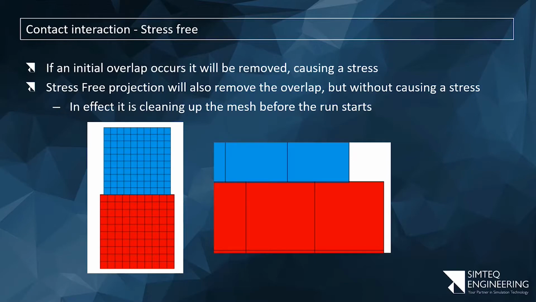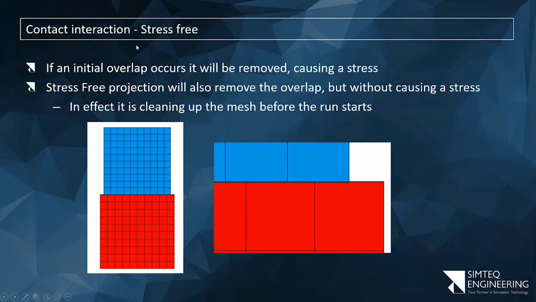I've seen models where I glue something like the blue part to the red, and I see a 2 gigapascal stress initially just due to that initial contact. It's a little bit of overlap here and there. So whatever loads I then apply just disappear in terms of that massive stress that I see.